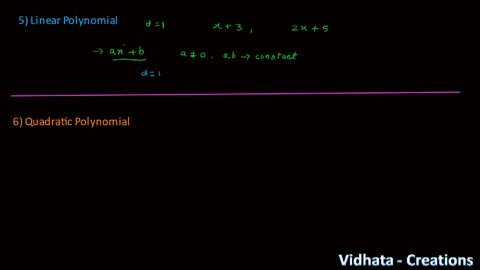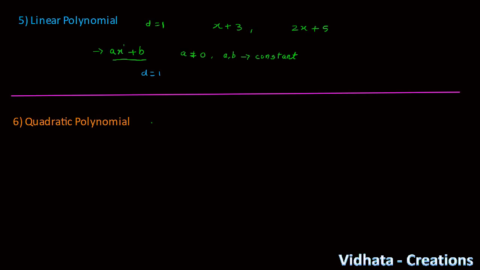Now our next type of polynomial of which we want to find out the degree is a quadratic polynomial. What can you say about the quadratic polynomial? A quadratic polynomial is a polynomial whose degree is always equal to 2.